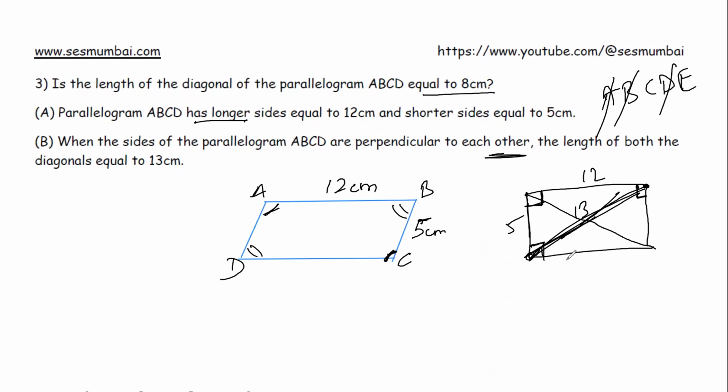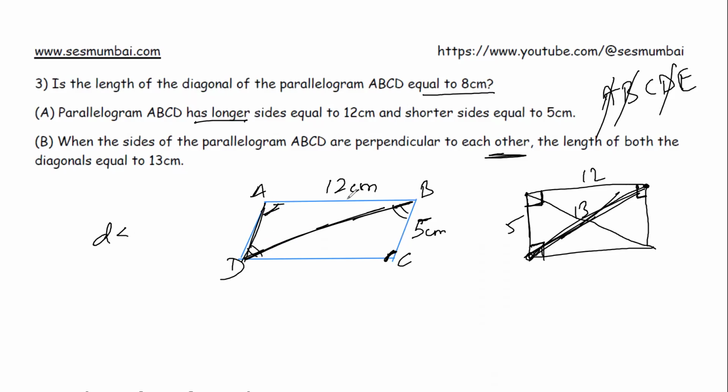Even when we take both together, the second one is hypothesizing that when 5 and 12 become perpendicular, it's 13. So okay, makes sense, 5 12 13. But is the length of the diagonal of the parallelogram ABCD equal to 8 centimeters? Do we have a definite answer? Again, no. All we know from the first statement is that the diagonal has to be lesser than the sum.